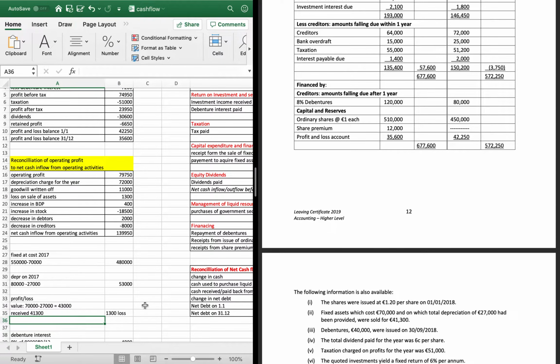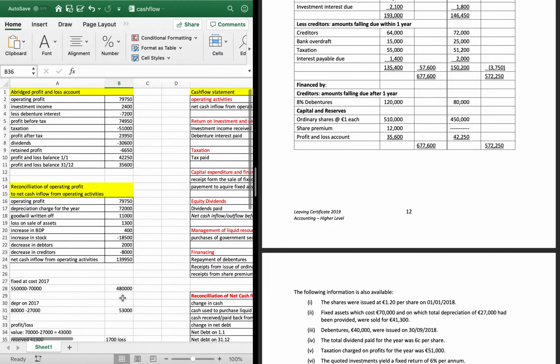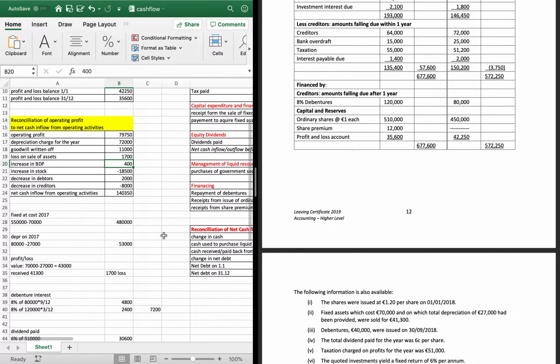Otherwise this is going to be wrong. So that's 1,700 of a loss. I could have ignored that, but it would lead me to being wrong at the end and I won't balance then. So 143.50 is our final answer for that.